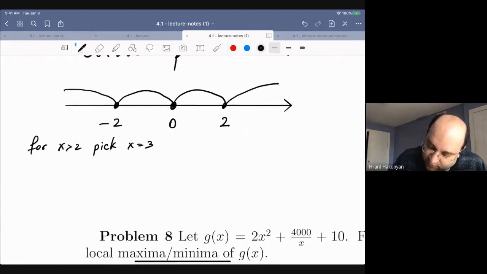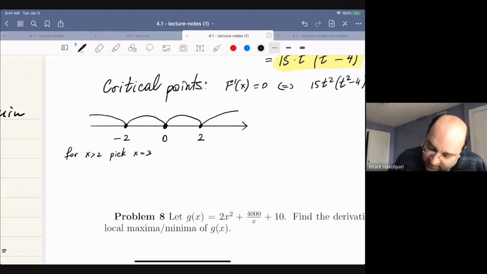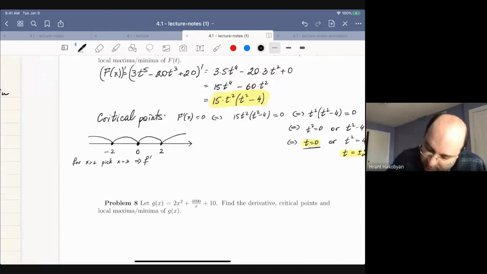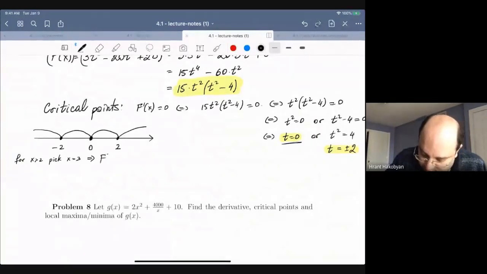And then I have to plug that x into this yellow thing. So then I have F prime, maybe capital F. F prime at 3 is equal to 15 times 3 squared times 3 squared minus 4.